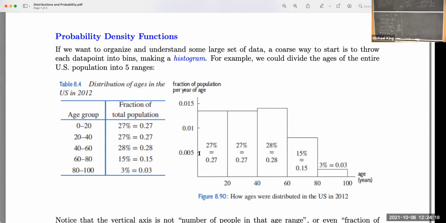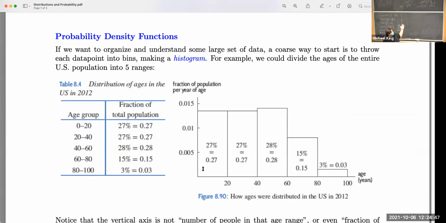So it's a little bit strange, but one thing you could do is imagine breaking this up into 20 tall, thin rectangles, so that for each year you would have a rectangle for that year. And assuming, it's a big assumption, but assuming the population within each 20 years was distributed evenly, you could figure out what percentage of people are between like 7 and 8 years old.